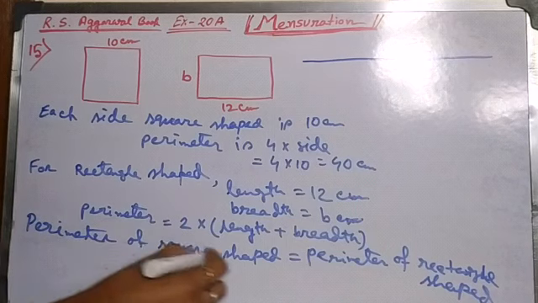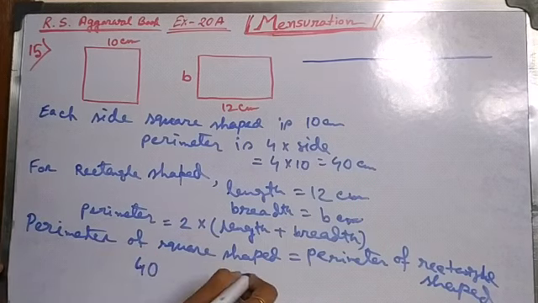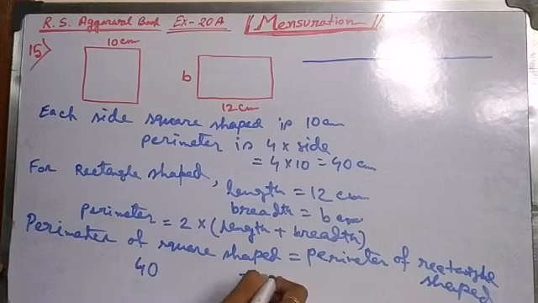So perimeter of square shaped means 40 equal to perimeter of rectangle shape means 2 into length plus breadth.